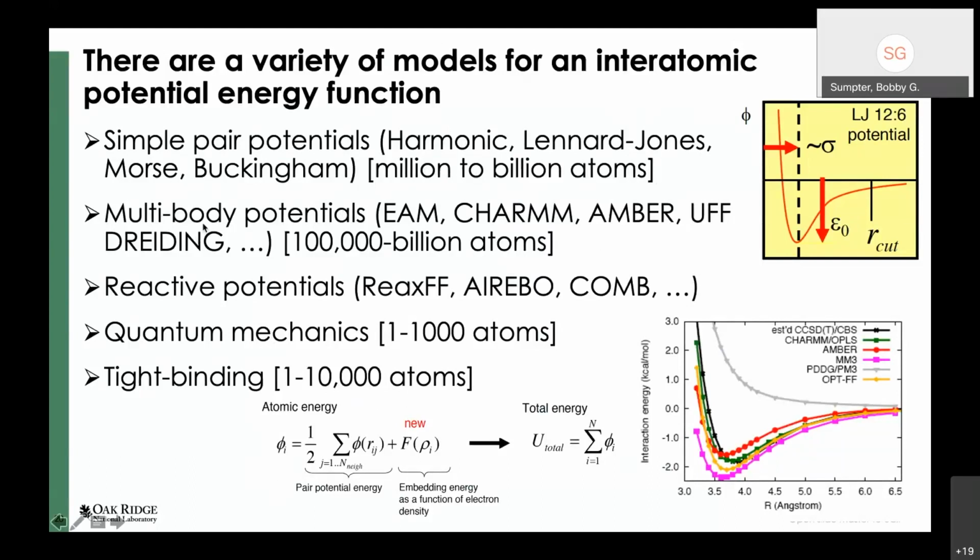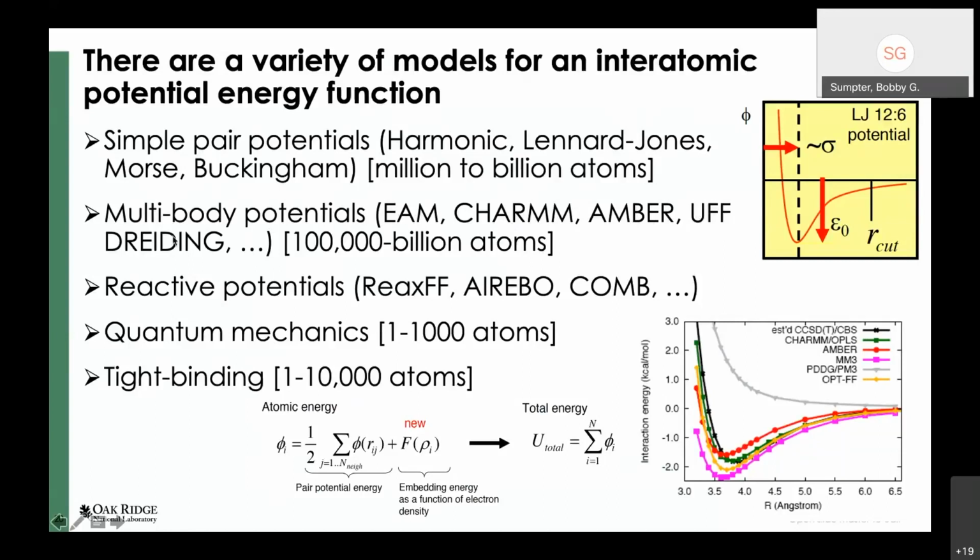There are multi-body potentials, which are more complicated and more representative of things in biology or chemistry in general, because they have more interaction terms that treat physical and chemical reality. There are various versions of those, CHARMM and AMBER, which are very popular in biology, protein folding, and enzyme research.